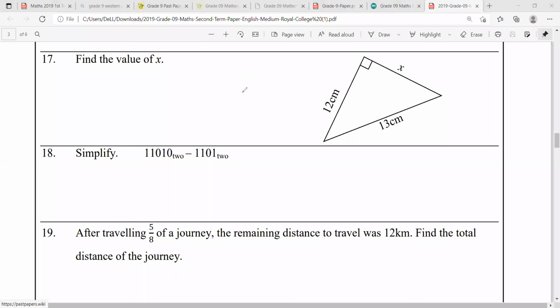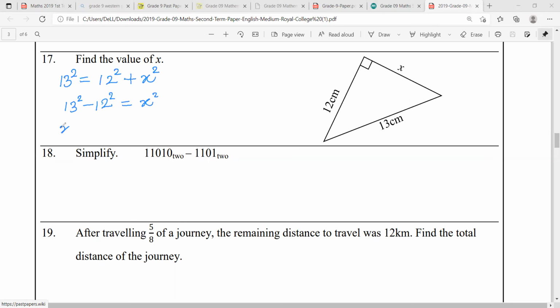And for this one, you have to apply the Pythagoras theorem. Here 13 squared is equal to 12 squared plus x squared. So here you can subtract 12 squared from both sides, then you get 13 squared minus 12 squared is equal to x squared.